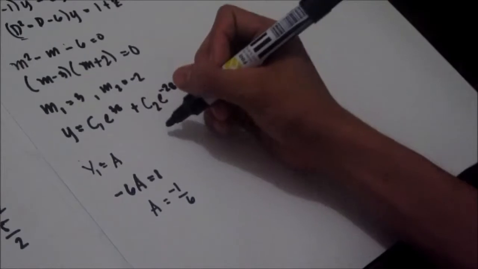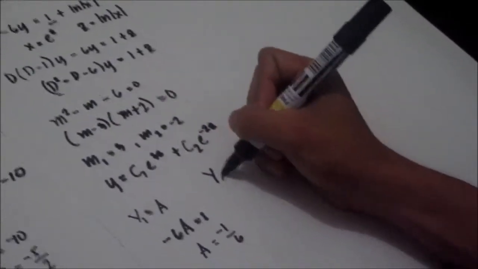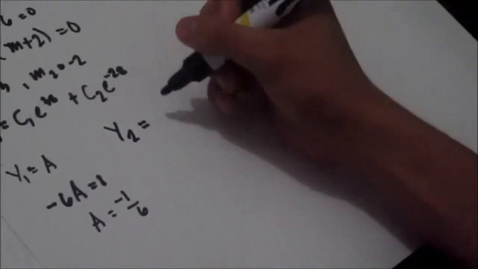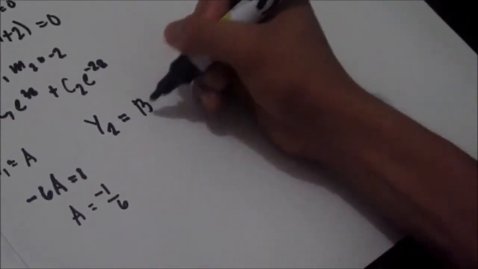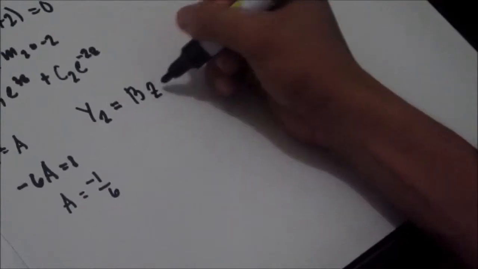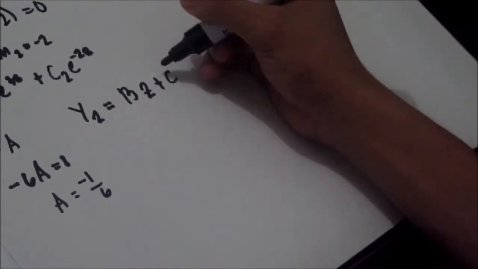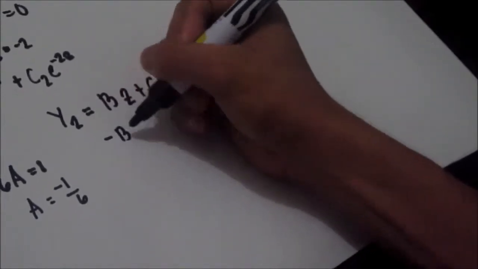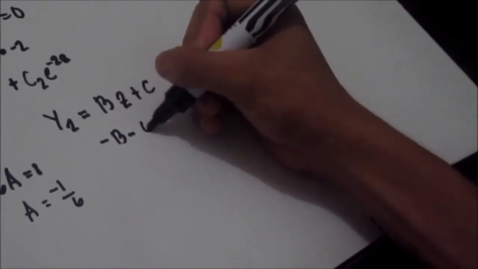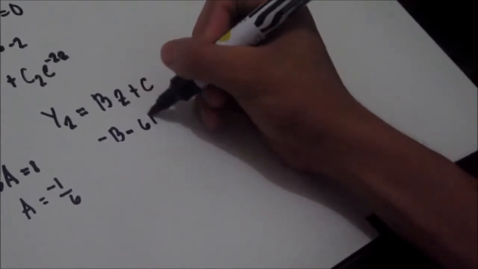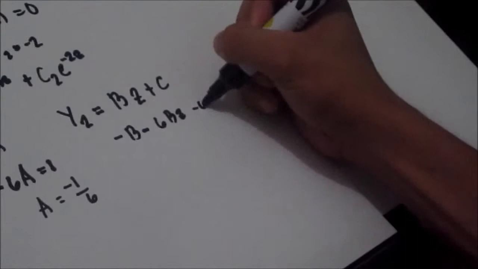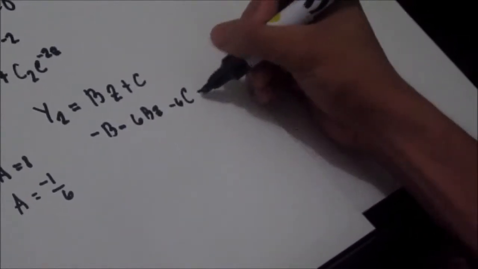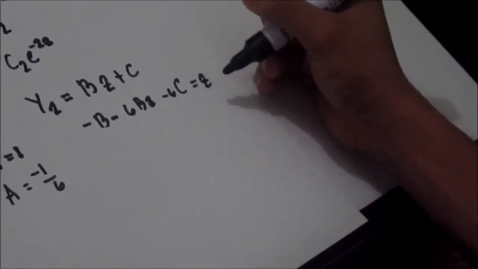We can now find another particular integral for the second term. y2 is equal to bz plus c. We can now also get the equation negative b minus 6b z minus 6c equal z.